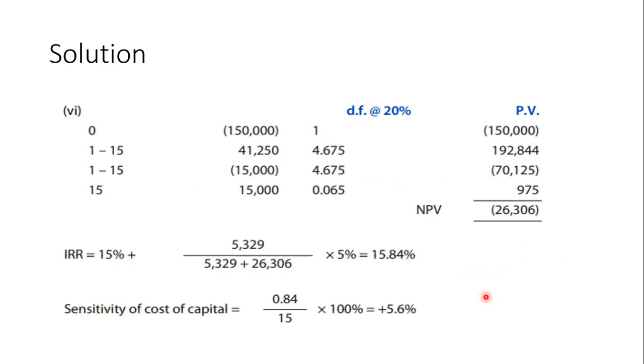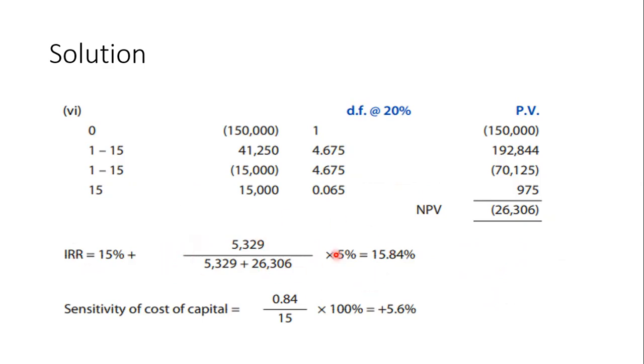You first of all have to have two discount factors. Use those two discount factors to derive your NPV. So arbitrarily, just select any two discount factors, and then you use that to derive your NPV. So each discount factor would have its NPV, and we put those into the formula to calculate.